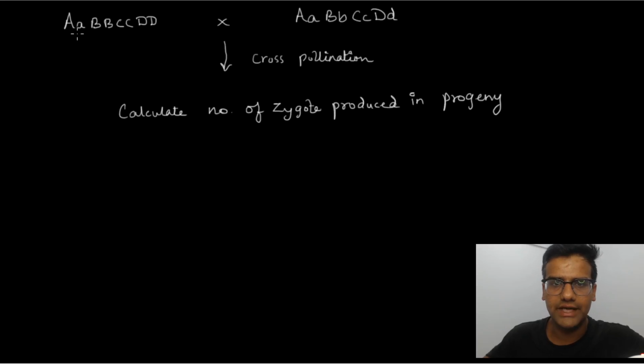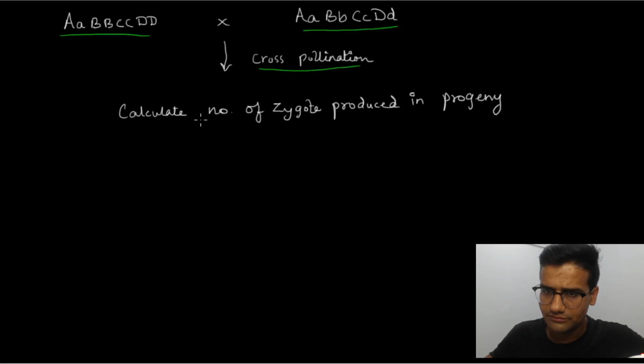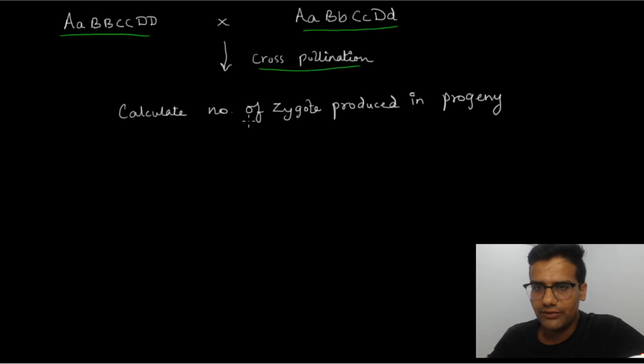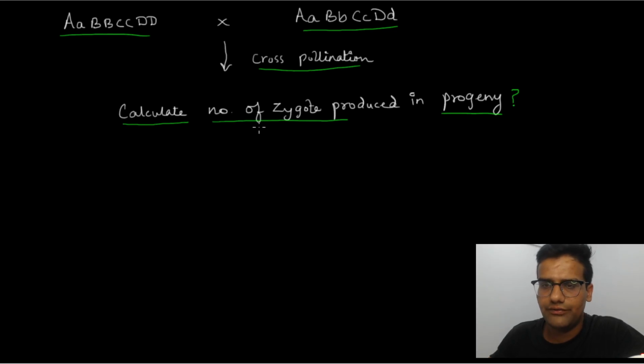Let us say we have cross-pollinated these plants. Upon cross-pollination, different types of zygotes will be produced. In this question, you have to calculate the total number of different types of zygotes produced in the progeny.